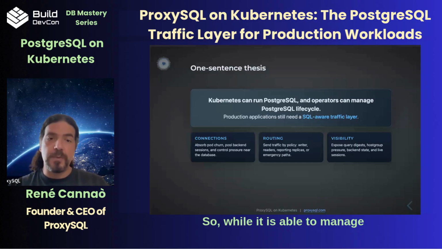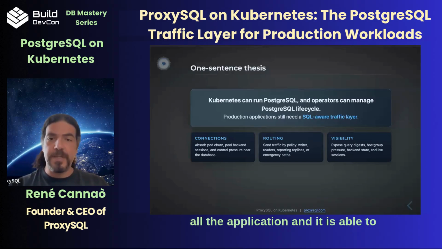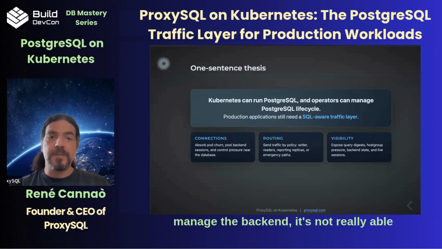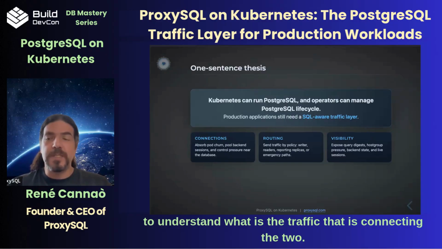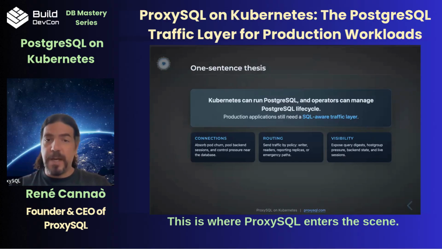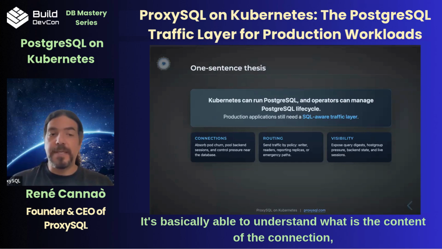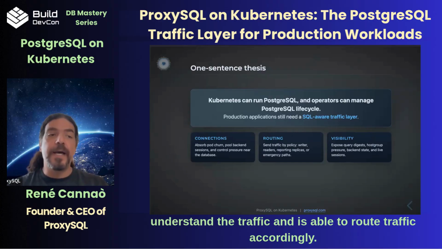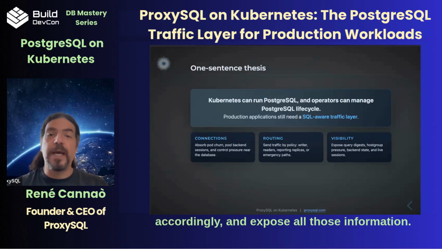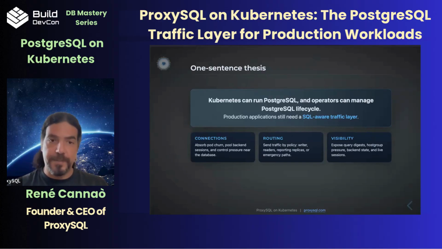While it is able to manage the application and the backend, it is not really able to understand what traffic is connecting the two. This is where ProxySQL enters the scene. It is able to understand the content of the connection, understand the traffic, route the traffic accordingly, and expose all that information.